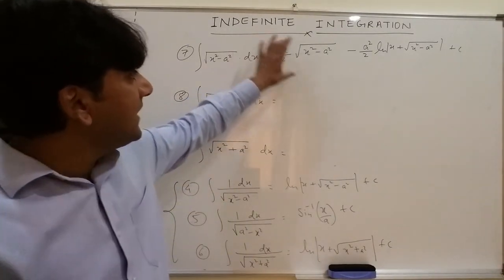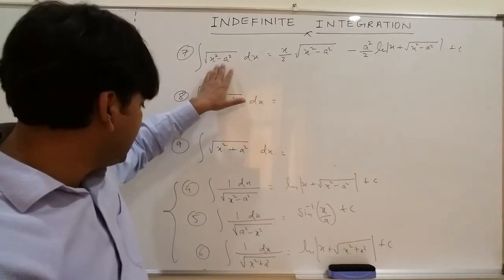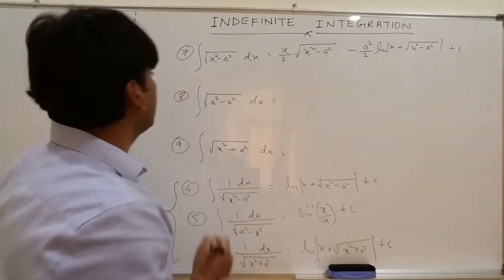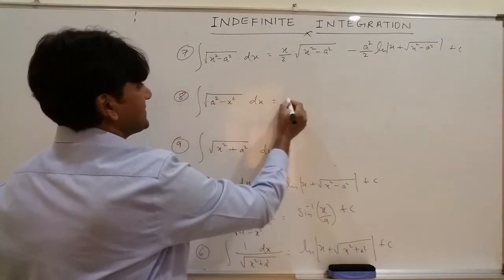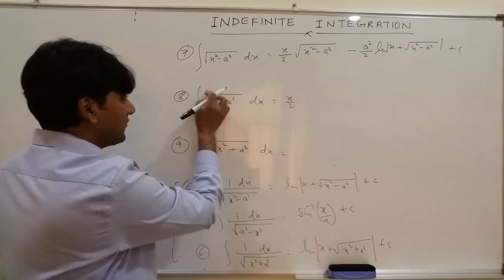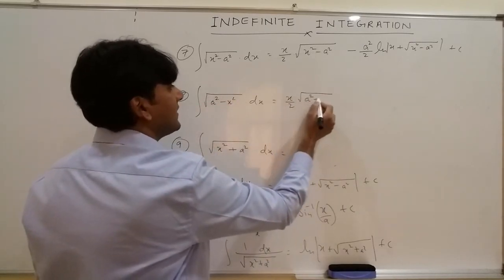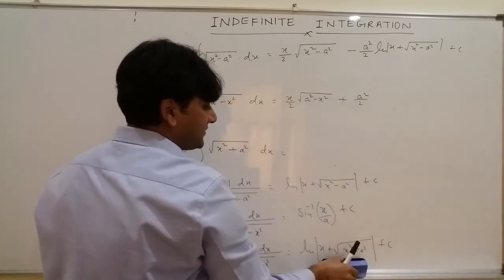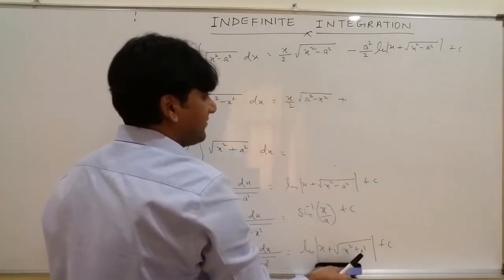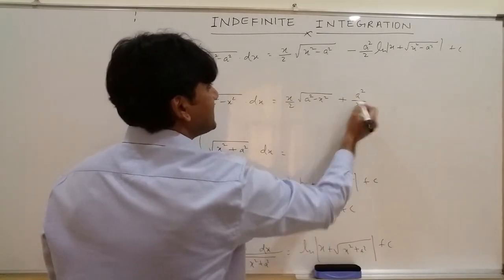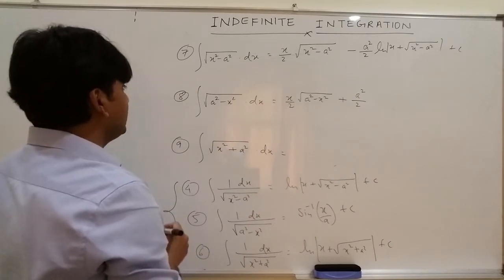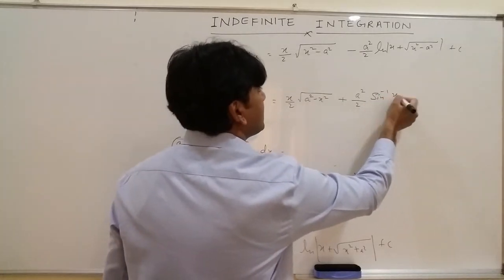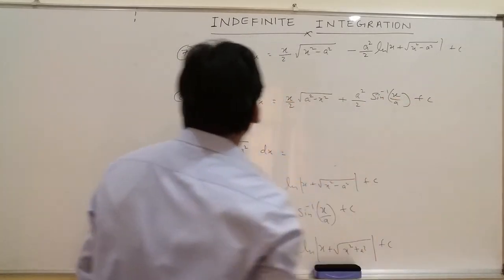So x by 2 is here and minus a square by 2, otherwise I have just used this result, x plus root x square minus a square over here. Now this root a square minus x square, answer is x by 2 root a square minus x square and then plus a square by 2. Yeah, here you have to learn this is plus a square by 2 and this one is sin inverse x by a plus c.